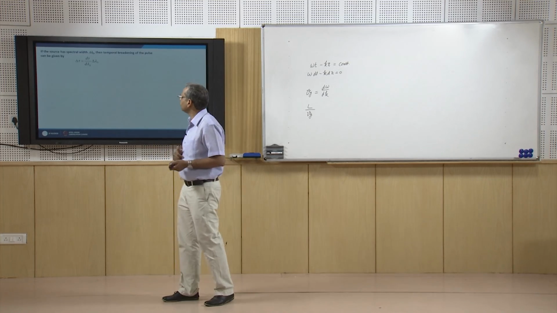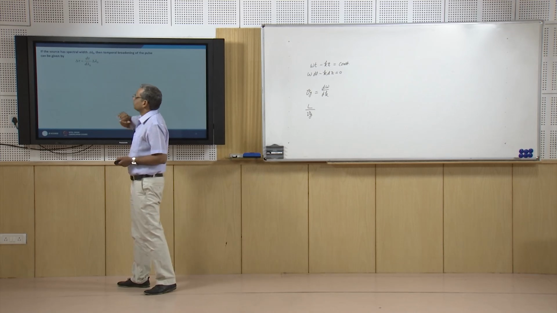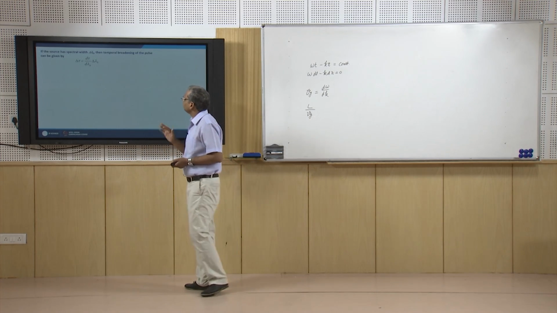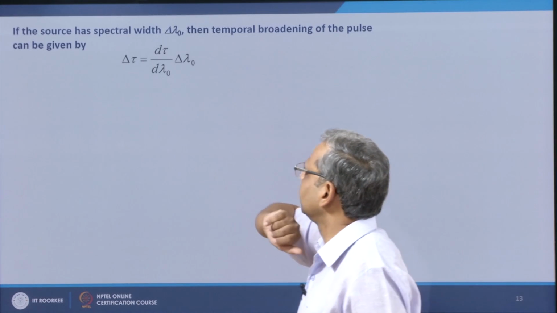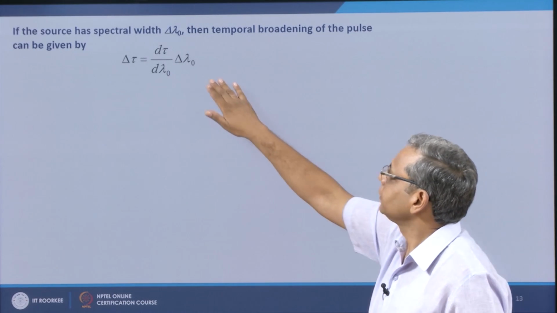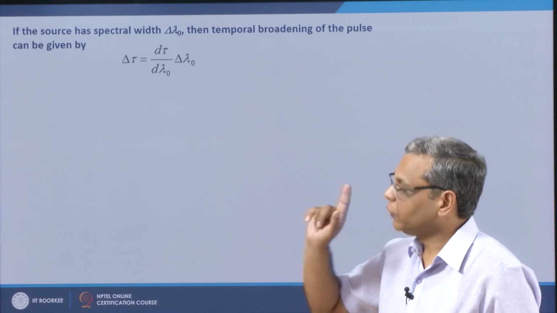It is very simple: if the source has a spectral width delta lambda naught, then the temporal broadening of the pulse would be simply given by delta tau is equal to d tau over d lambda naught times delta lambda naught, while considering only the first order term.